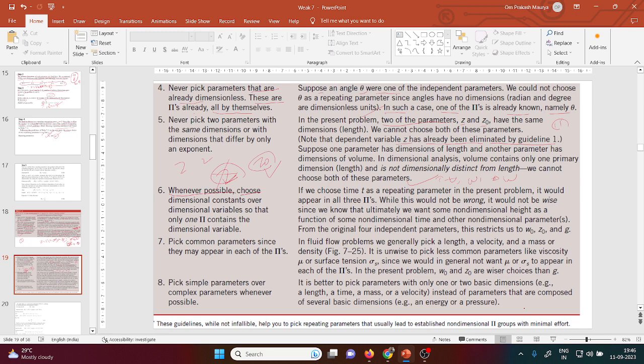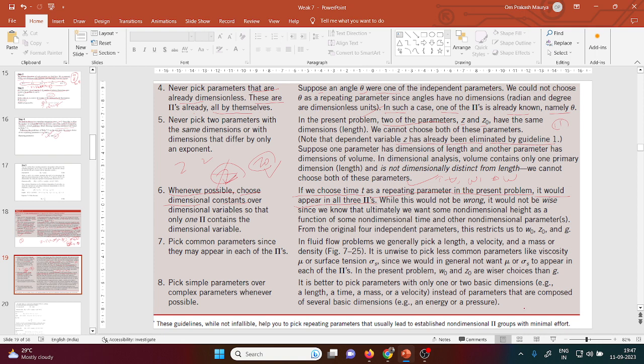Whenever possible, choose a dimensional constant over a dimensional variable so that only one pi contains the dimensional variables. If we choose time as a repeating parameter in the present problem, it would appear in all three pi's.